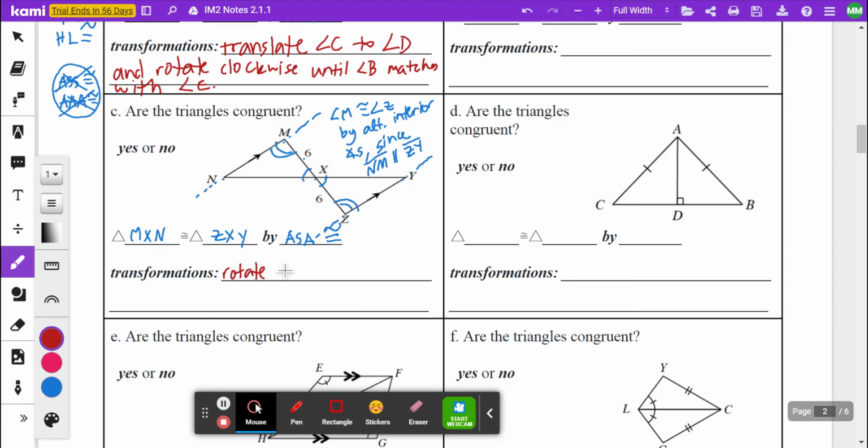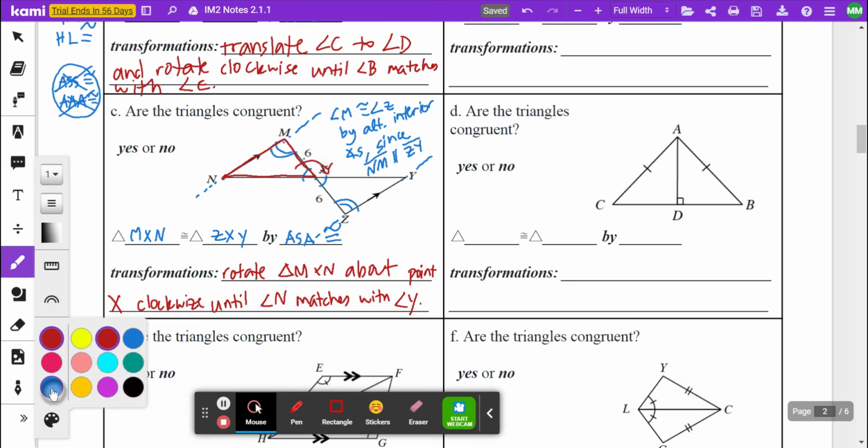Rotate triangle MXN about point X, clockwise, until angle N matches with angle Y. If I just rotate this triangle, it'll match up. So those were indeed congruent.